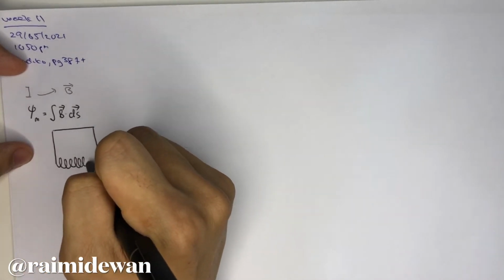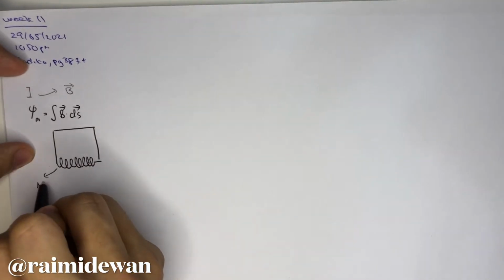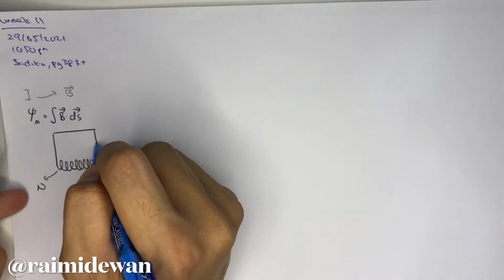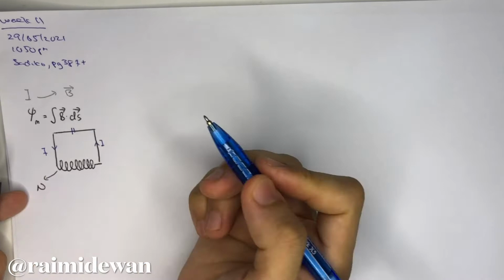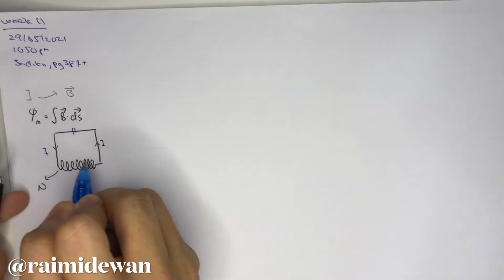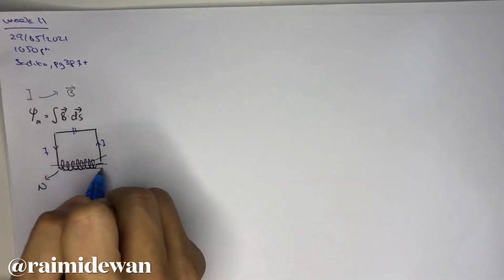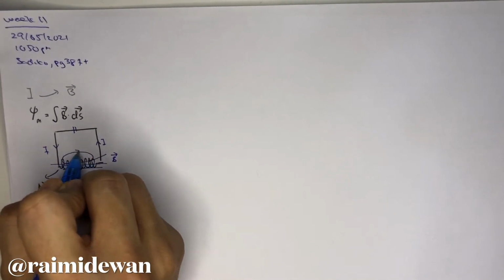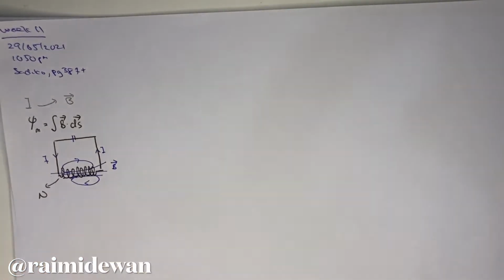This is a turn, and the number of turns we refer to as N. We have this current-carrying circuit with a voltage source, and it will produce a magnetic field, which is signified by your B. From here you will produce the magnetic flux, so this is the flux produced from this.